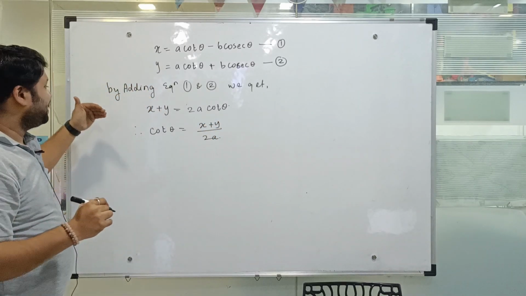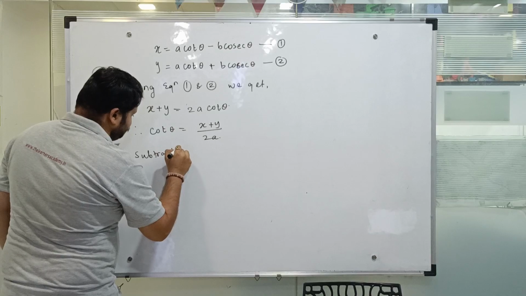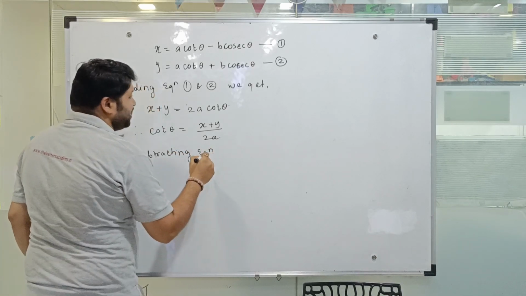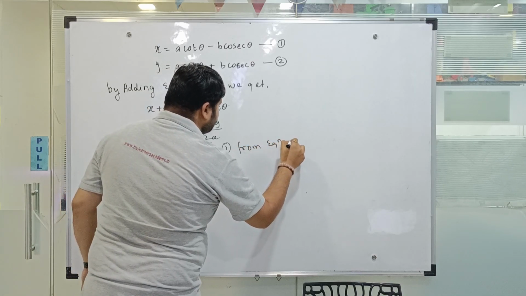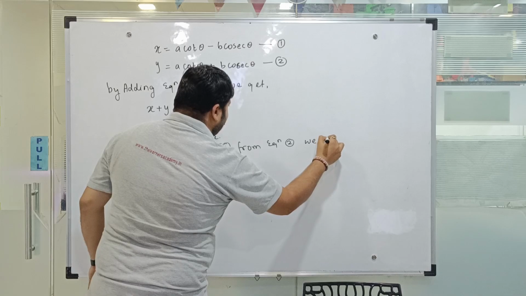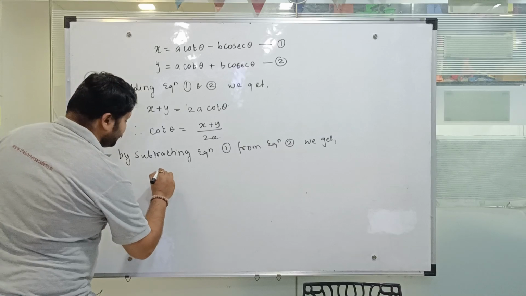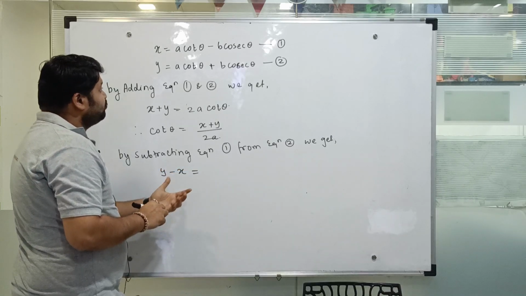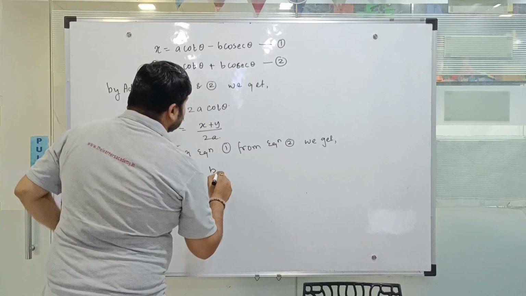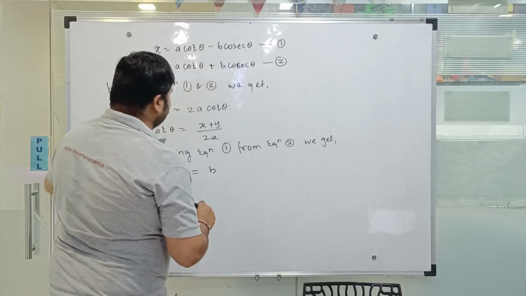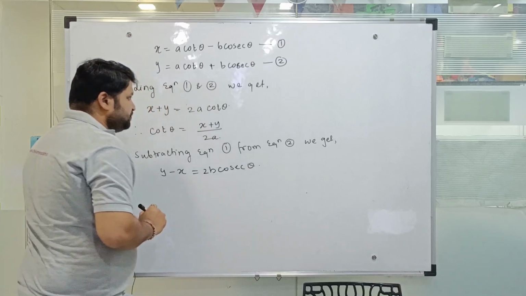The next thing I do is I subtract them. By subtracting equation 1 from equation 2, we get, so when I'm subtracting them, the first part would get cancelled out and on the left hand side I'll have y minus x, and it would be equal to, so the first part gets cancelled out and I have b, so this part minus this part, so it would effectively be 2b cosec theta.